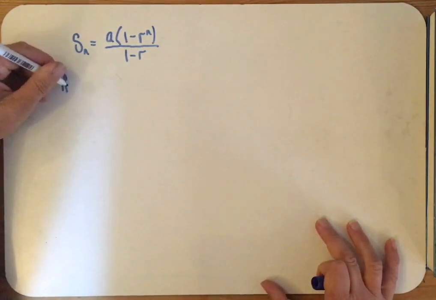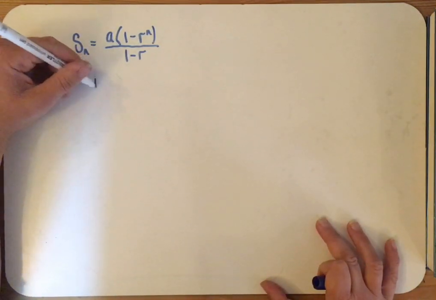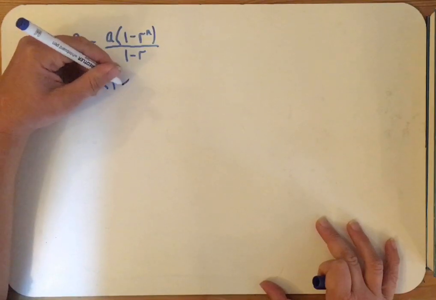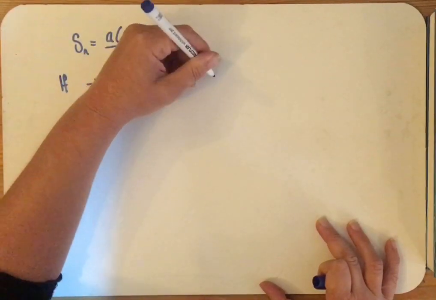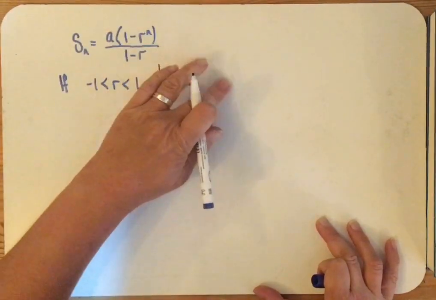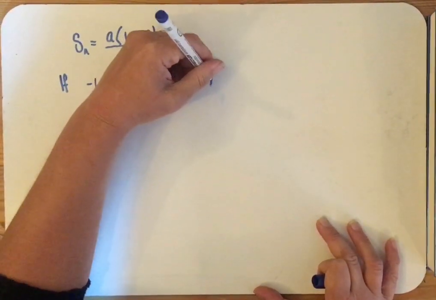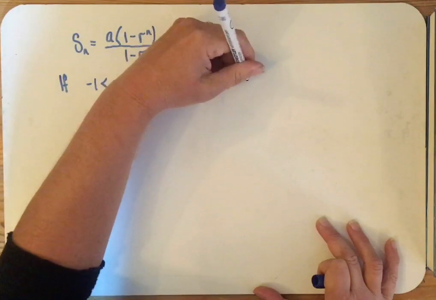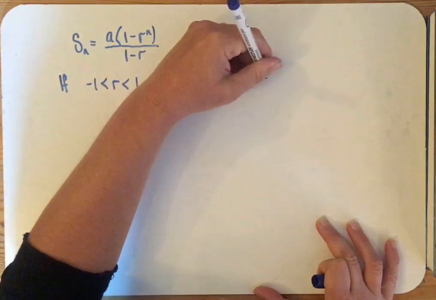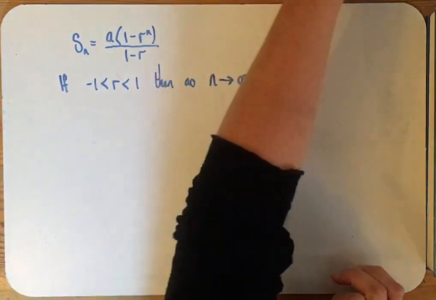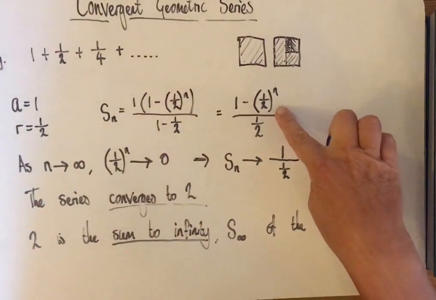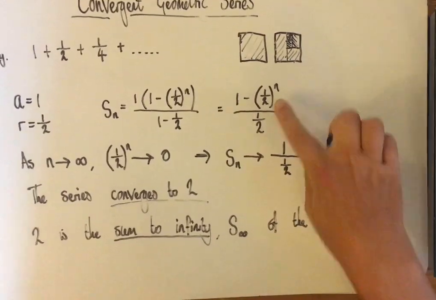So if minus 1 is less than r is less than 1, then as n approaches infinity, r to the power n approaches 0. So that's exactly like this half to the power n here, approaching 0.